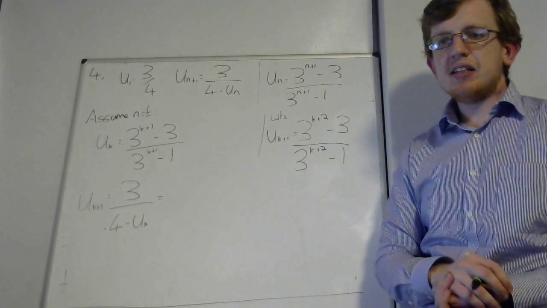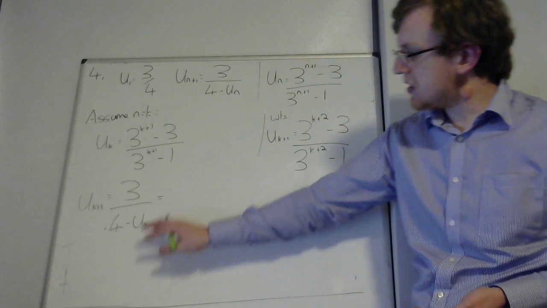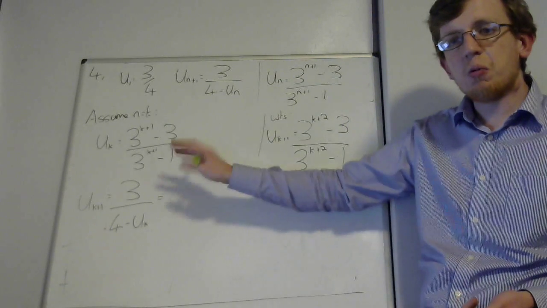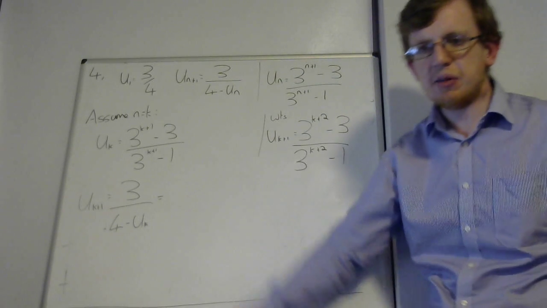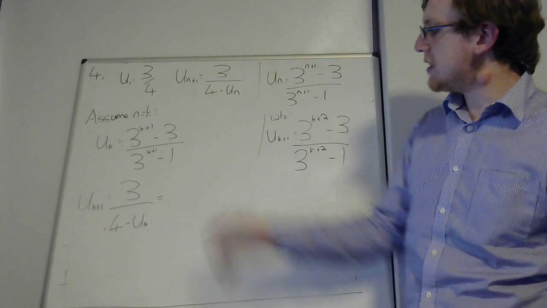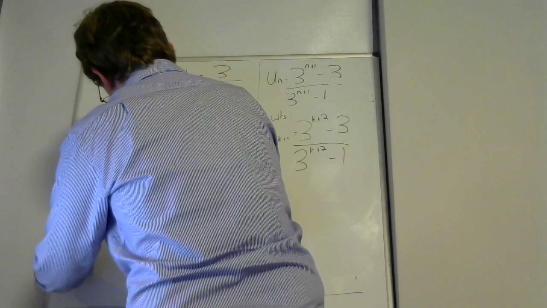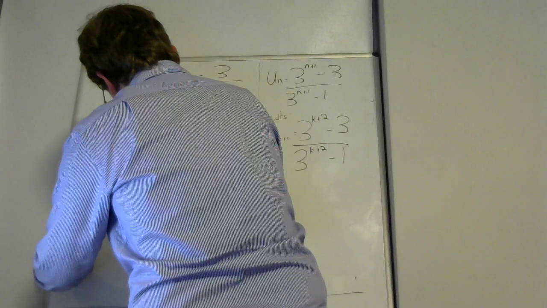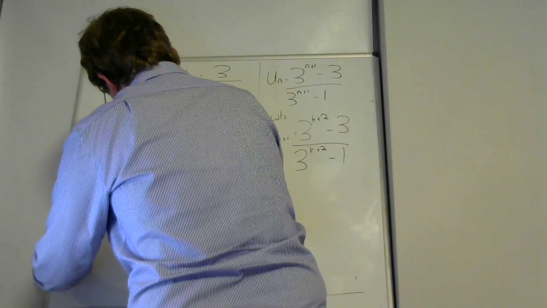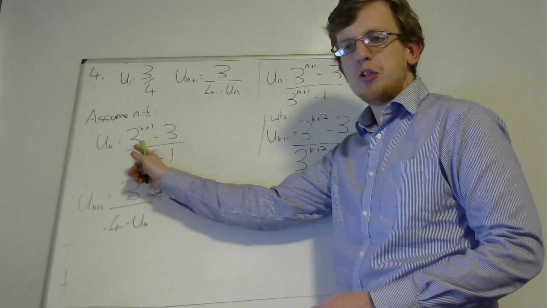And now, by the inductive hypothesis, if you were doing this line by line, which is how you should always lay your work out, I don't have a big page that I can keep on going down. If you're doing this line by line, I would now write: by inductive hypothesis, we're going to swap U_k for what we assumed it was earlier.